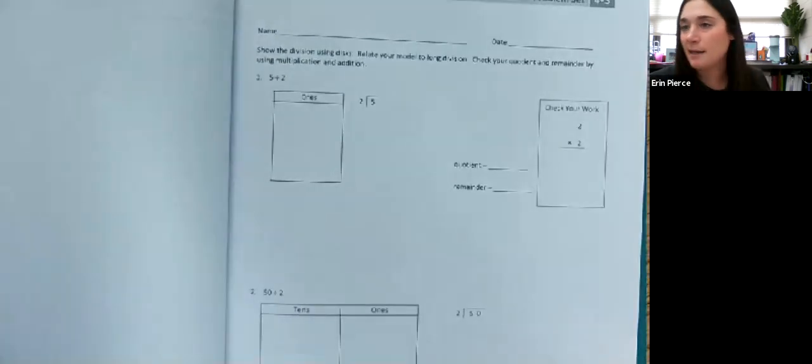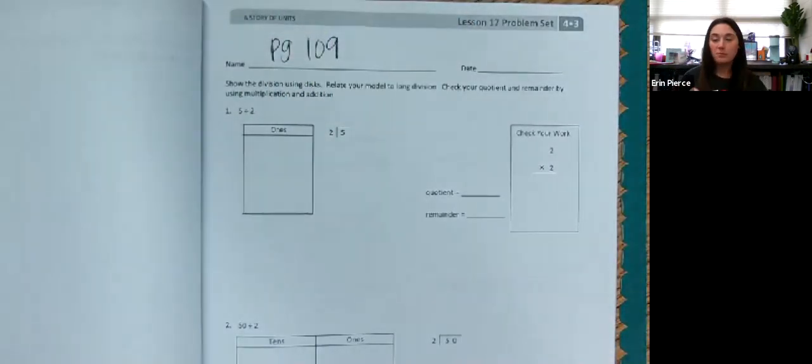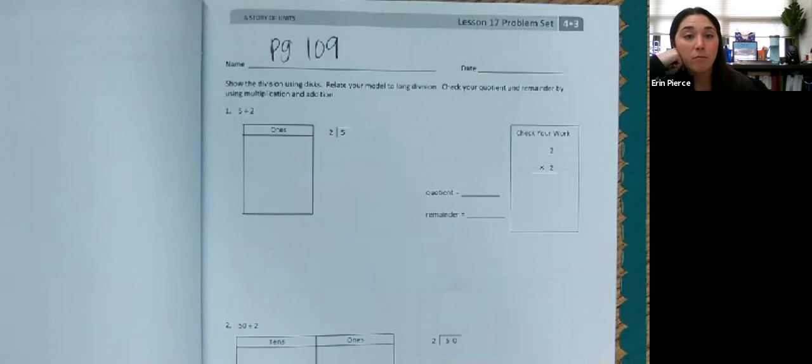We're on page 109. Thanks, Eliza. Just give me a thumbs up when you're there. 109.